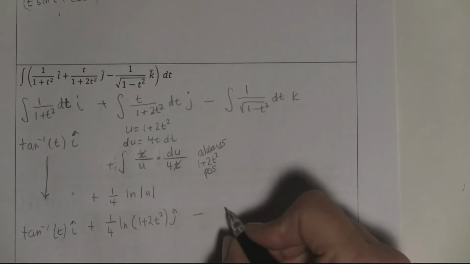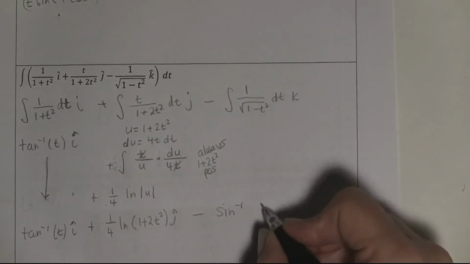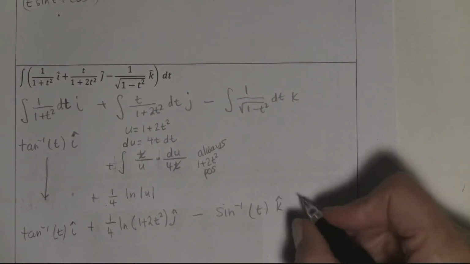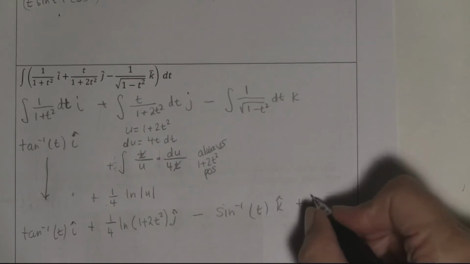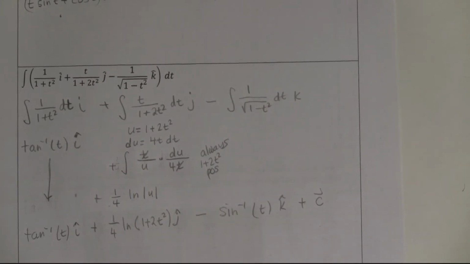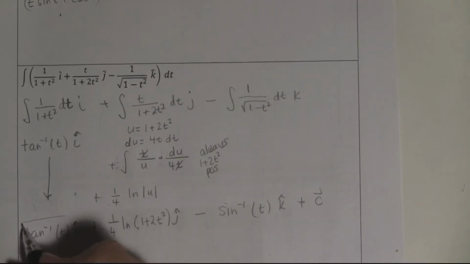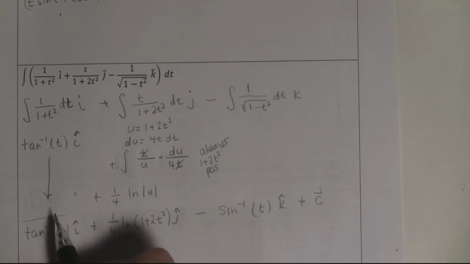So this is minus, because I have the minus there, and then the arcsine of t, K, plus C. If you kind of remember the arccosine, or you're asking what is the arccosine, so this is my answer here, and I'm all done with this problem.